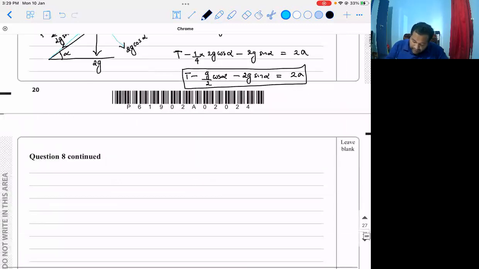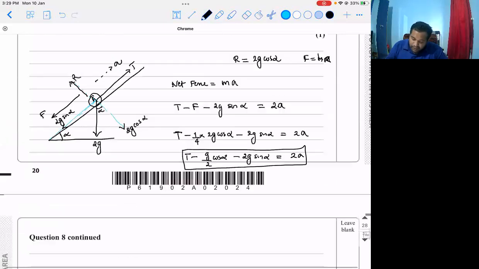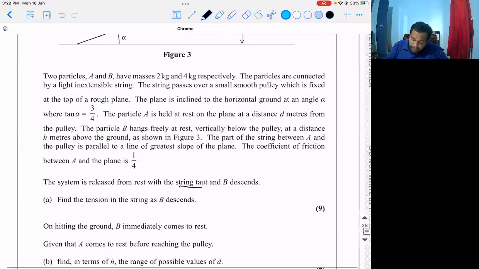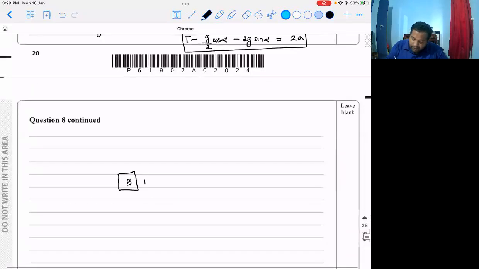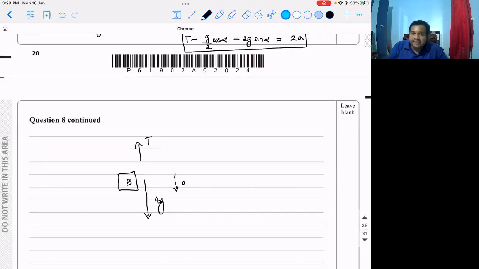Then we have particle B, whose mass is 4 kilograms, acting downwards. So 4g weight is acting downwards, the tension is acting, and the acceleration is acting downwards. By Newton's second law, 4g minus T is equal to 4 times acceleration.